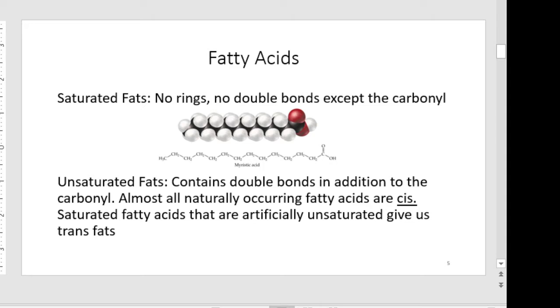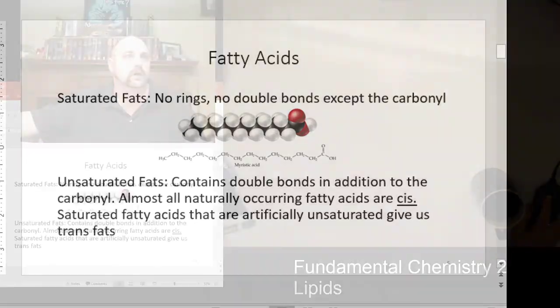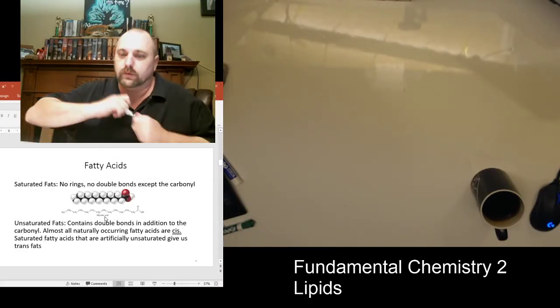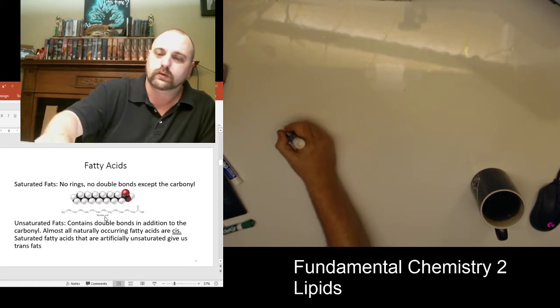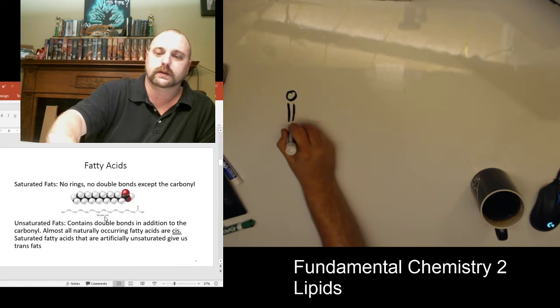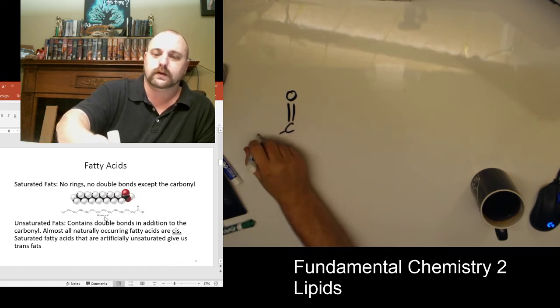All right, so let's start with the idea of fats. Fats really come down to whether it's saturated or unsaturated. When I normally talk about a compound, we have said that a double bond is unsaturated.